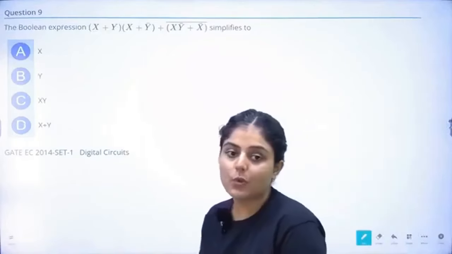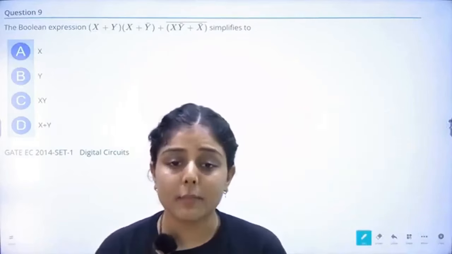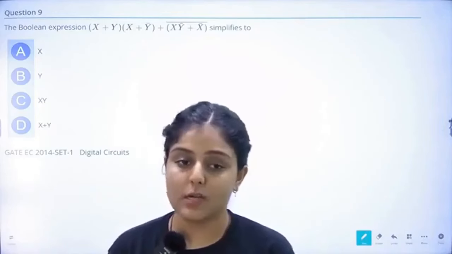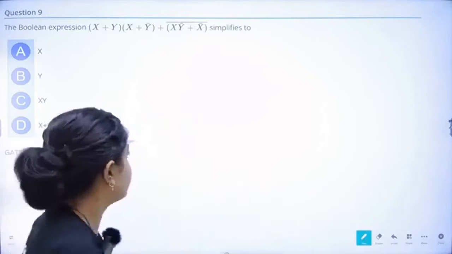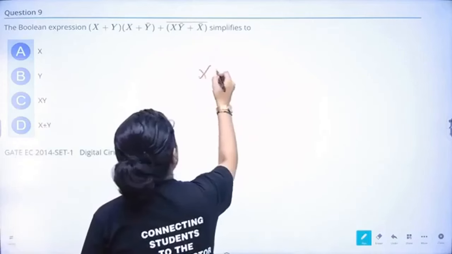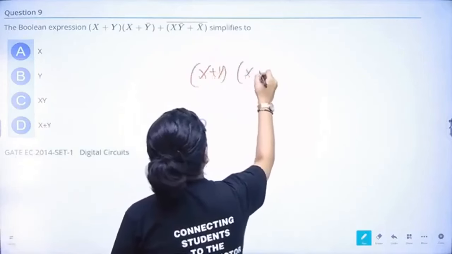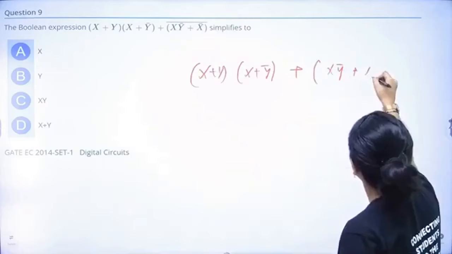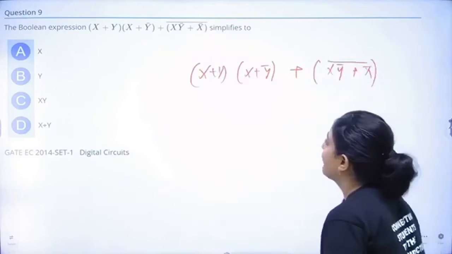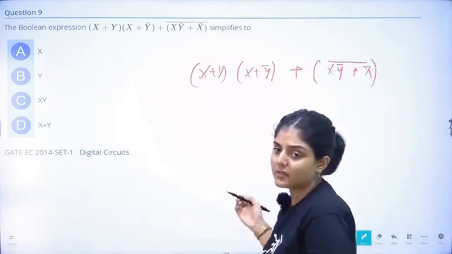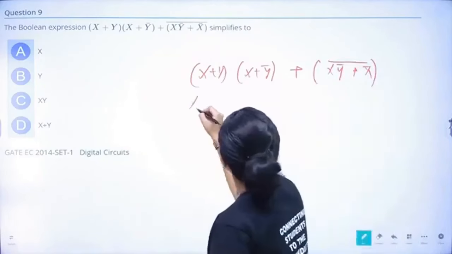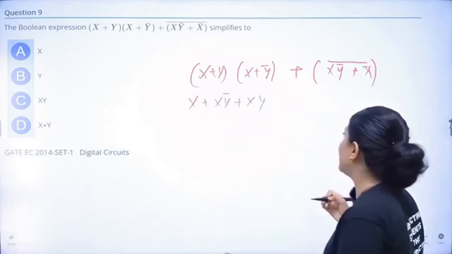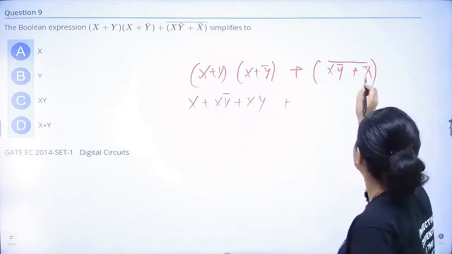Moving on to the next question. The expression X plus Y, X Y bar plus X Y whole bar will be simplified to what? It will be X plus X Y bar plus XY, Y into Y bar will be equal to 0, erased.